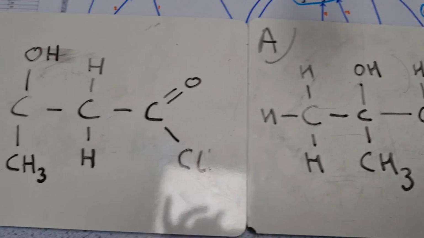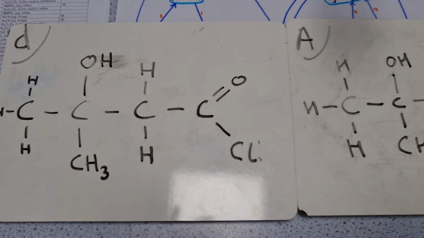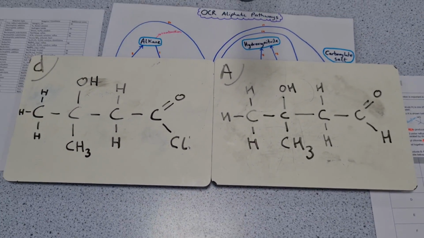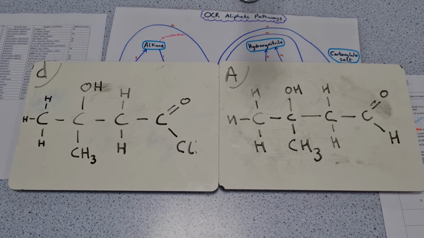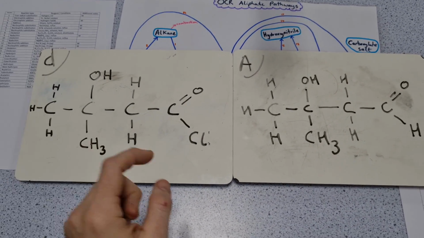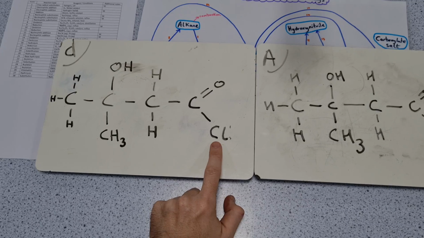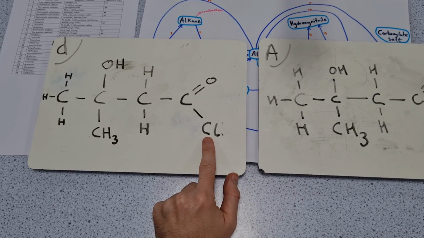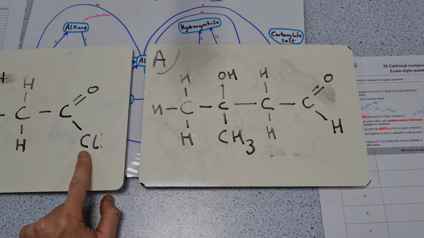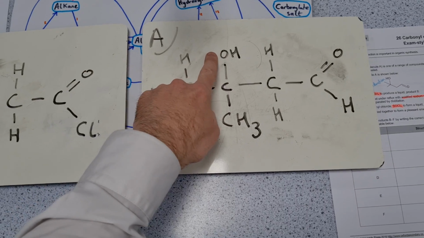Okay, so I've got A, I've got D, and I'm thinking what two of these functional groups are going to react together. Okay, so I've got an acyl chloride over here, which I know is very reactive, and over on this side here, I've got an alcohol group.